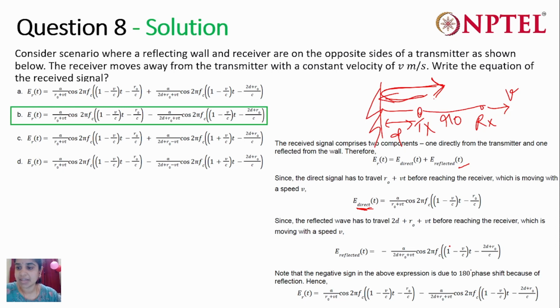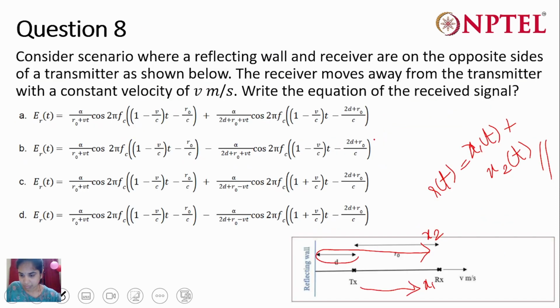Actually, in this scenario, the receiver moves away from the transmitter. No, see, only the receiver is moving, so it's 1 minus V by C, it is moving away.